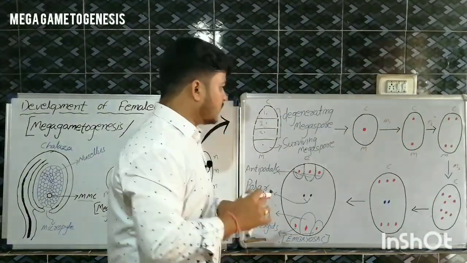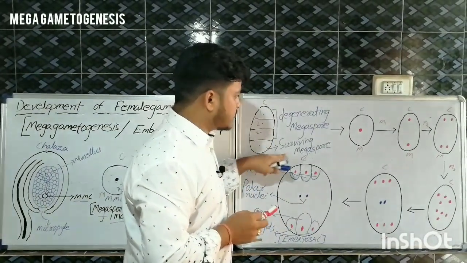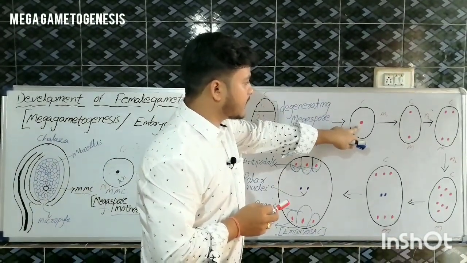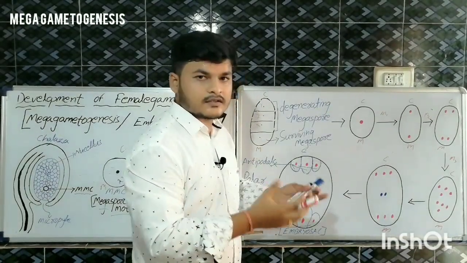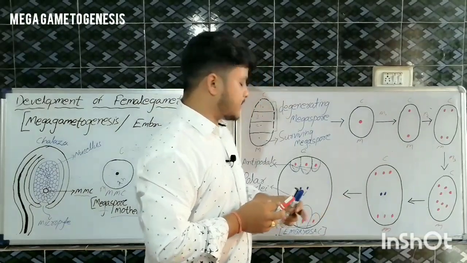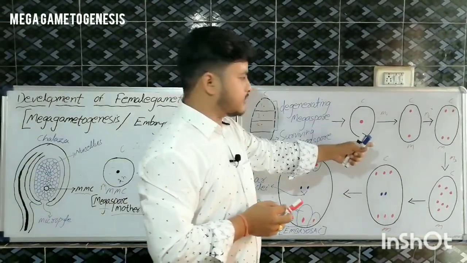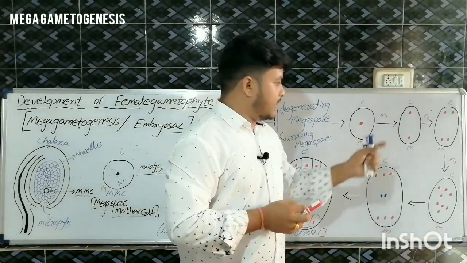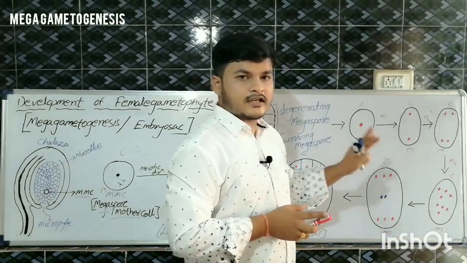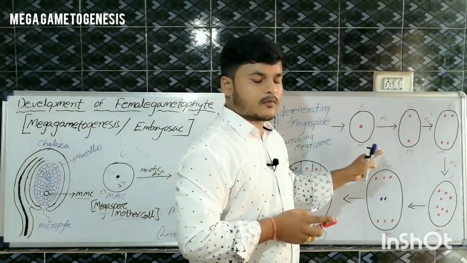So here a single surviving megaspore is developed. From this single surviving megaspore, differentiation occurs and mitotic division takes place. Previously meiotic division took place, next mitotic division takes place, and three mitotic divisions take place in this process.